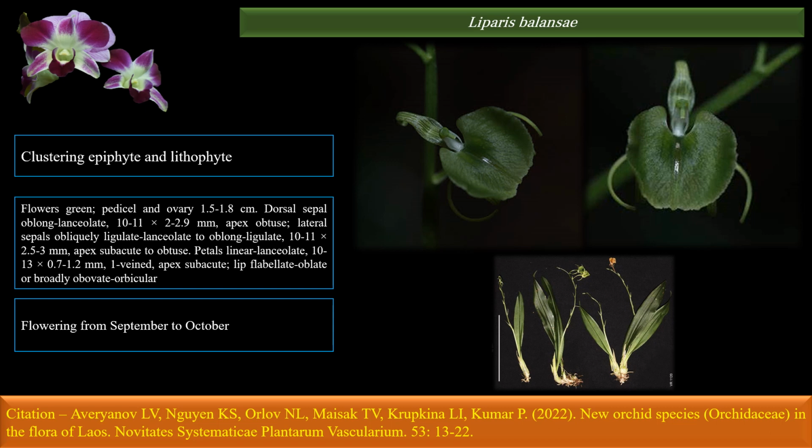So these are some of the morphology, and I have already told that it is clustering epiphytic and lithophytic, and it is found in primary evergreen mixed and coniferous dense forest or sandstone mountain tops at an elevation of 1000 to 1400 meters, and as per IUCN status, it is least concern.